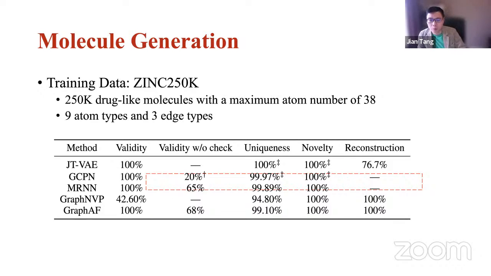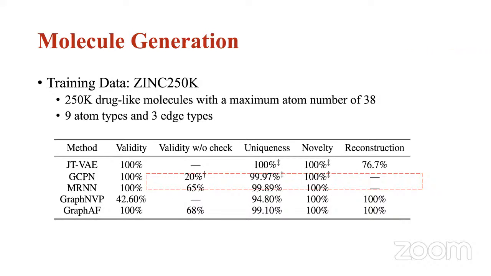And for novelty, you basically want to know whether the molecules you generated are different from the training data, because otherwise we can just copy the molecules from the training data and satisfy all the other metrics, right? So we hope the algorithms are able to generate molecules which are different from training data.